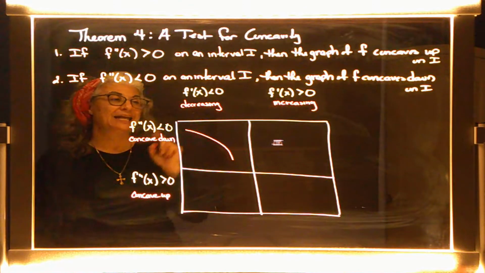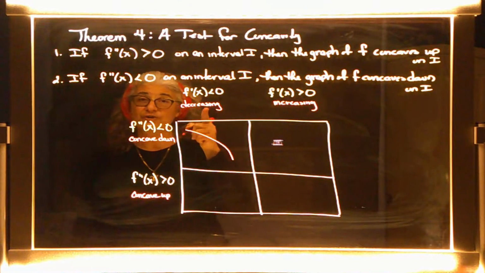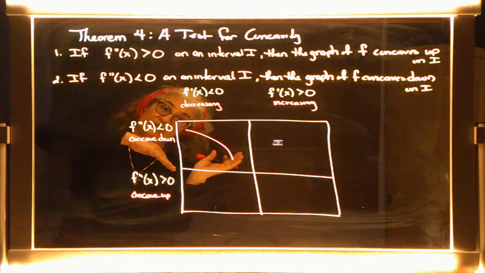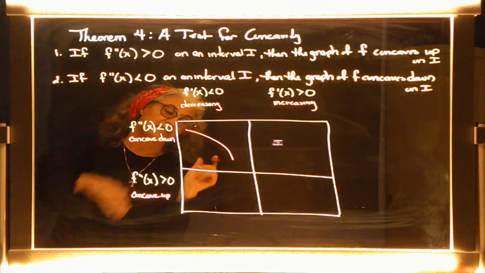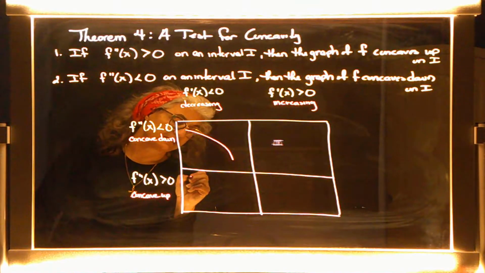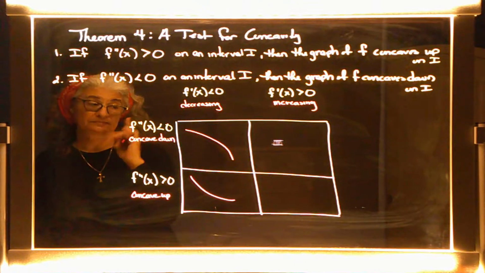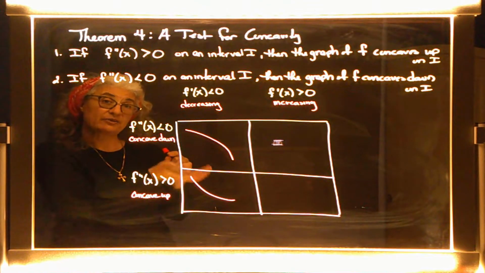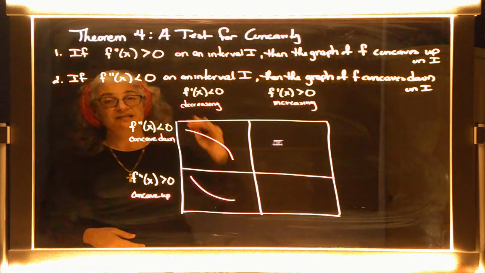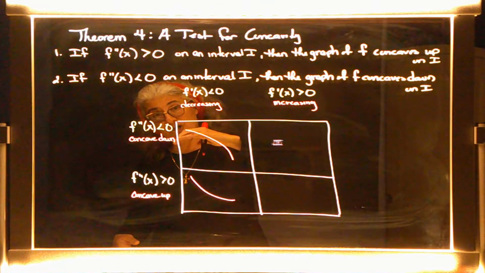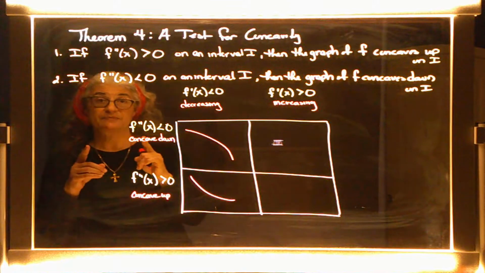Okay. If it's decreasing and concaving up, then it's doing this. It decreases, but it's concaving up at the same time. Right? See the opening? See how it goes up? See how it's going down? That curvature? With me?